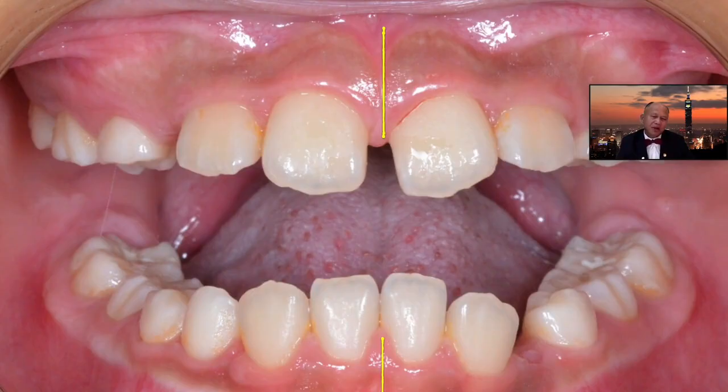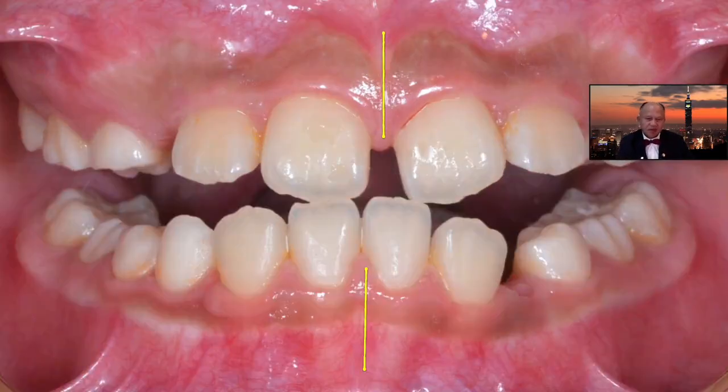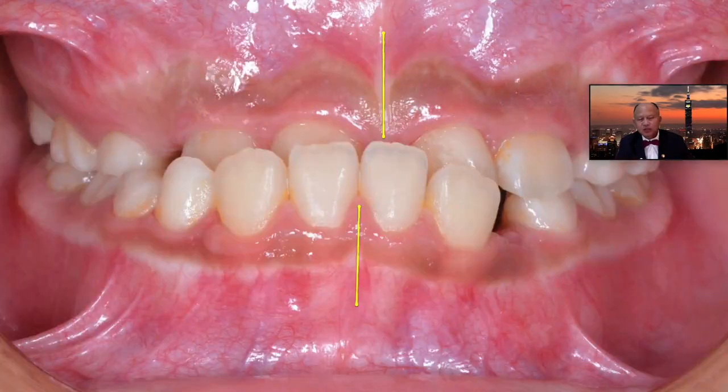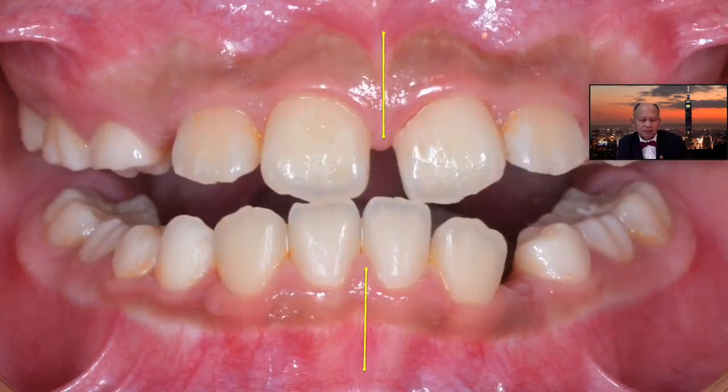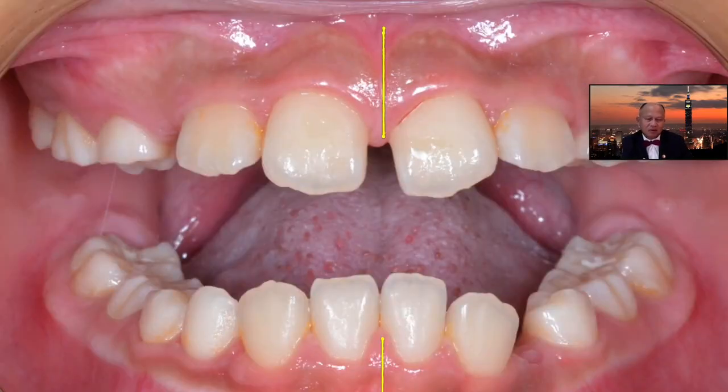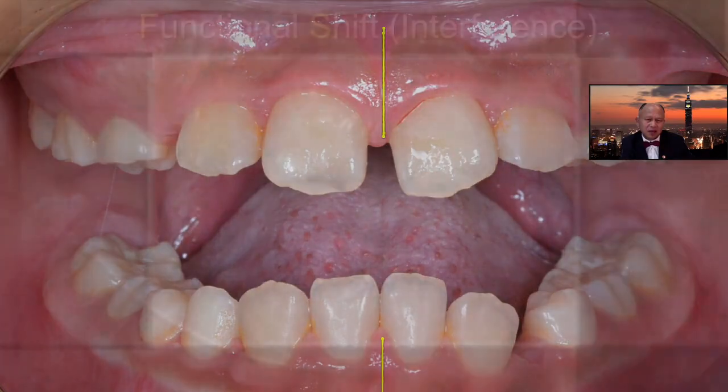When the patient opens up, the midline is on, and once he closes halfway, he hits the right central incisor, then the mandible starts to shift to the right-hand side, and the midline becomes off. And when you open, the midline is on.